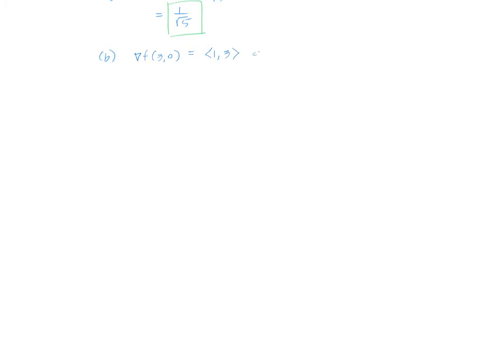That's the direction of maximum increase. I'll just put max increase. So this answers the first part of that question. And then when we look at its magnitude, which would be the square root of 1 plus 9, so the square root of 10, this is the max rate of increase.